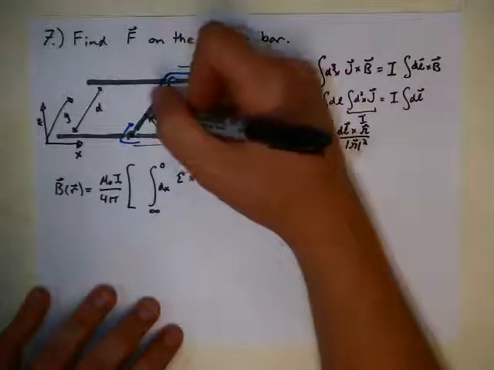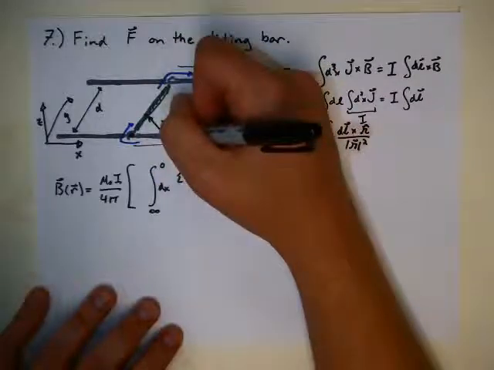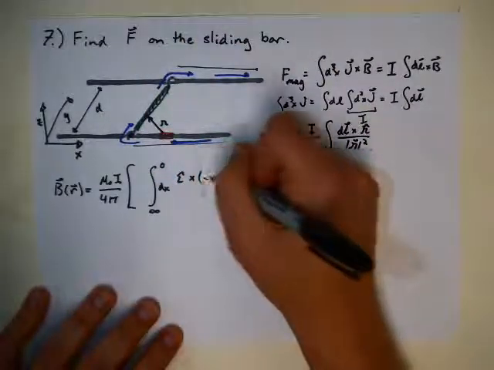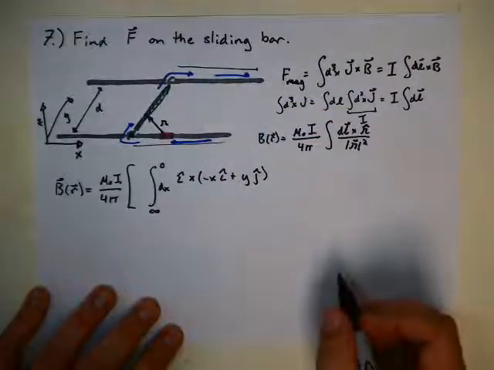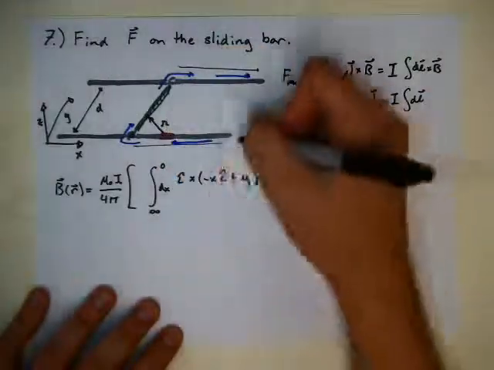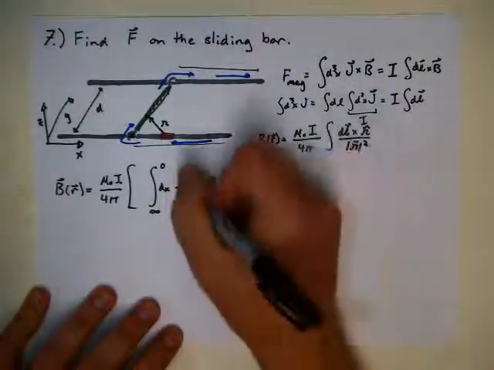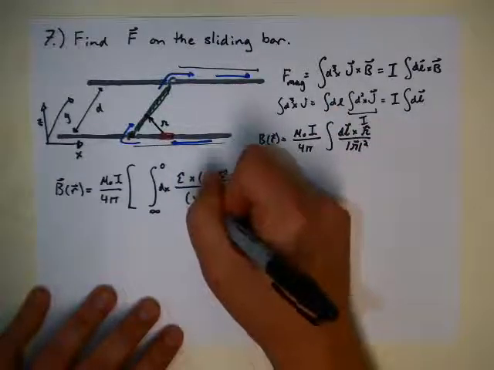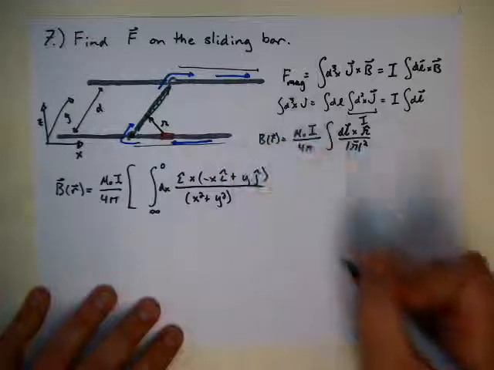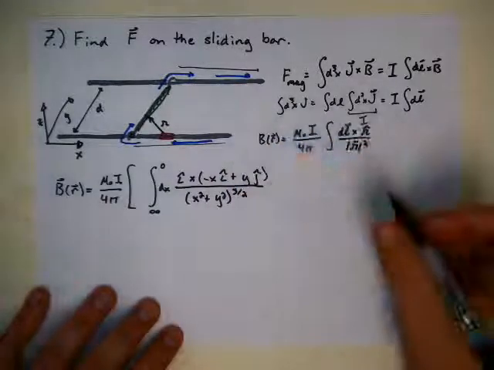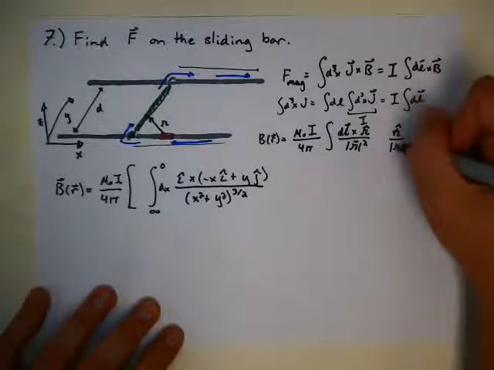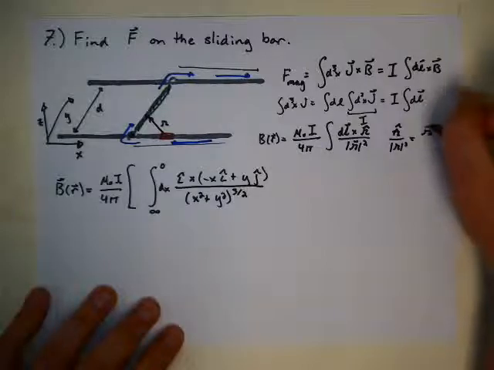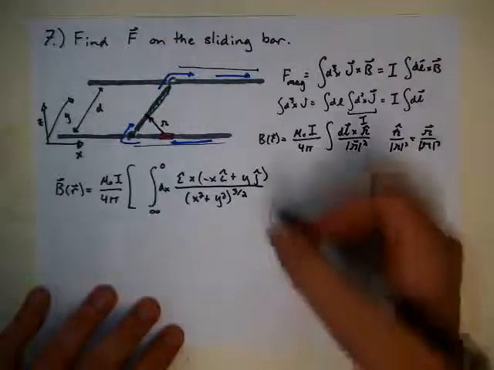The r vector in our case, if I look at it here, is going to be negative x I hat plus y j hat, for the case that I'm going along this wire. Whole thing divided by x squared plus y squared to the 3/2 power. So that's writing this script r hat over script r squared as script r vector over script r cubed. So that's making that identification.